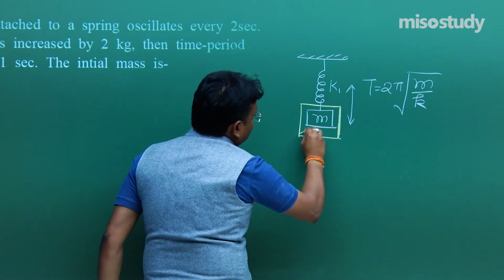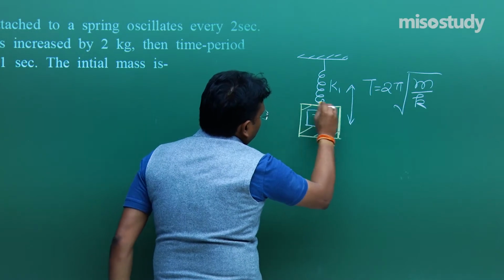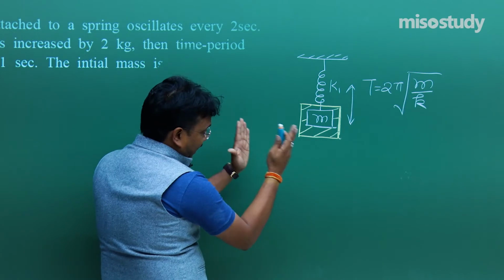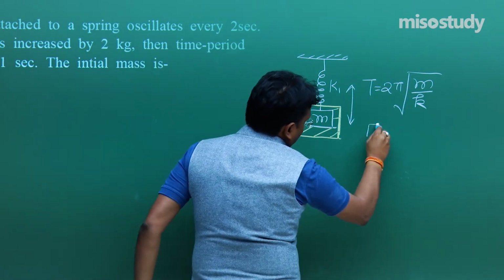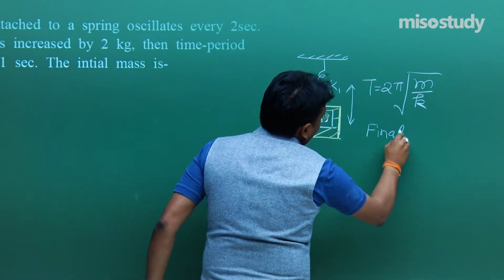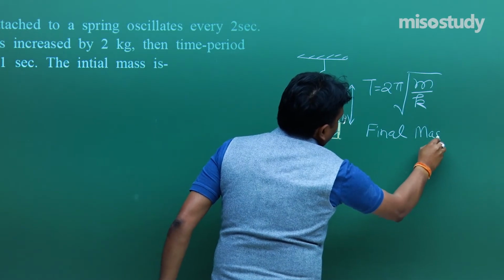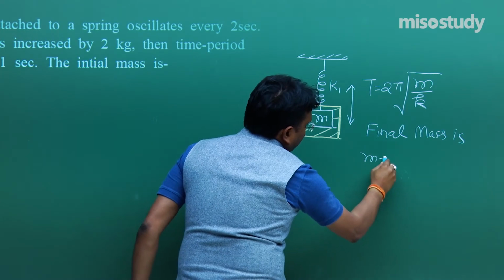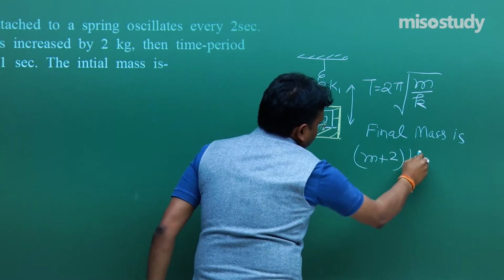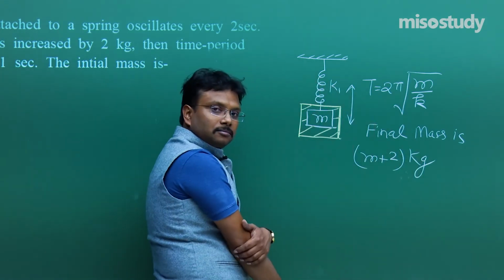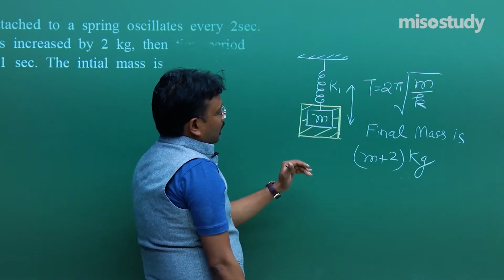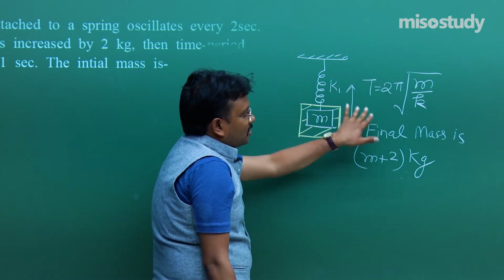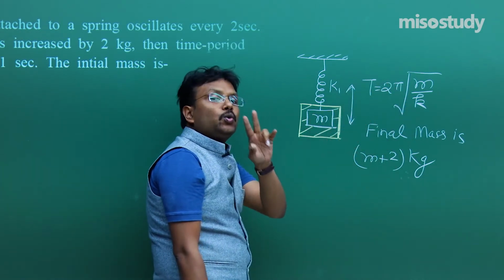Fine, this way by 2 kg. Fine. It means final mass is how much? M plus 2 kg.